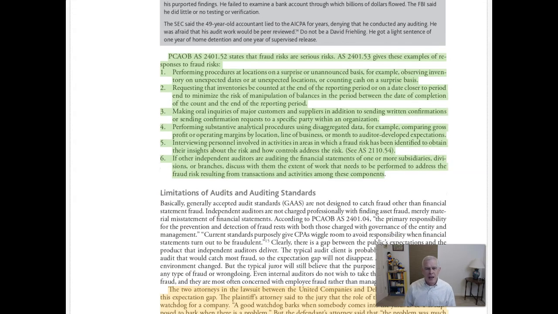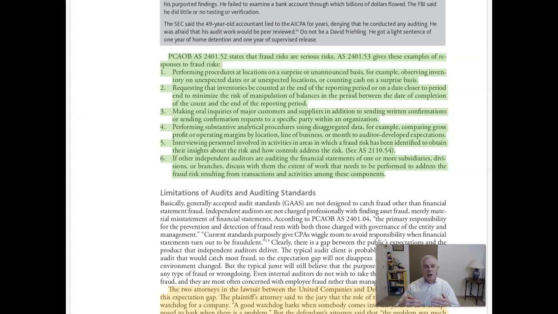I have all this highlighted. I'll let you read this yourself. These are examples of responses to fraud risk. I'll just read number 1 here: performing procedures at locations on a surprise, unannounced basis. For example, observing inventory on unexpected dates or at unexpected locations.